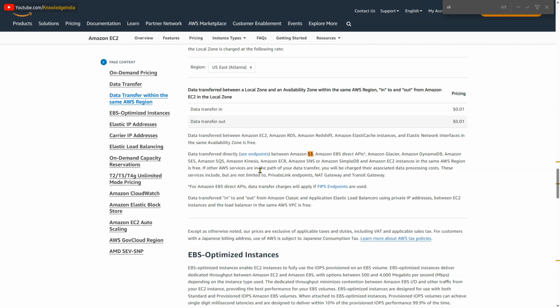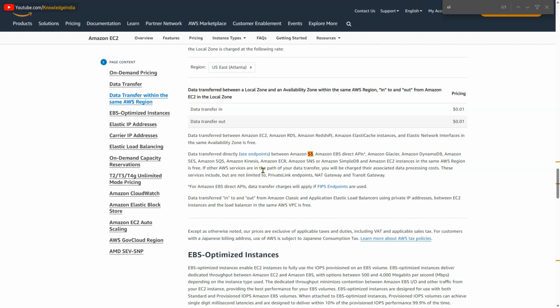So remember, if you transfer data between two different instances in two different availability zones, there is a charge. But if you transfer data between an EC2 instance and an S3 bucket, there is no charge. Remember that they should be in the same region.